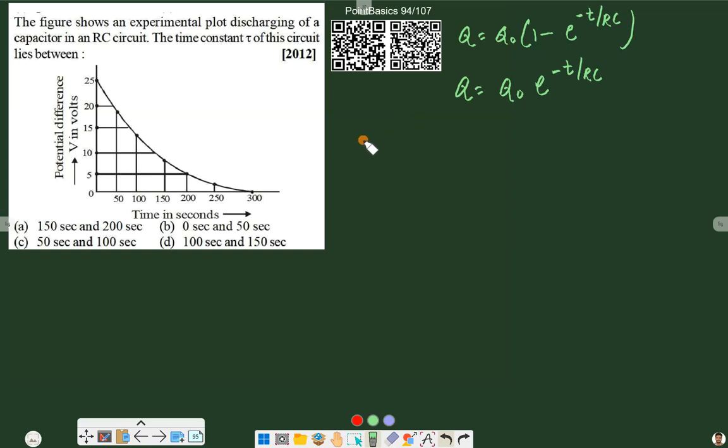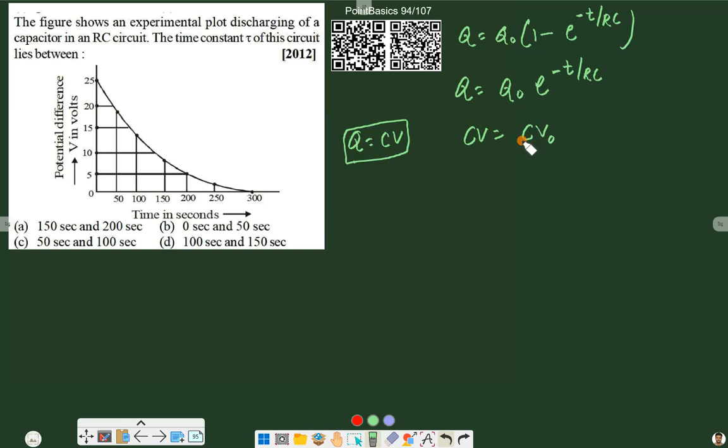We know that Q is equal to CV, so Q₀ will be equal to CV₀, because while charging and discharging, the capacitance of a capacitor will not change unless we put a dielectric slab inside it.